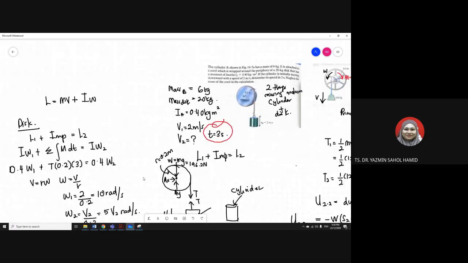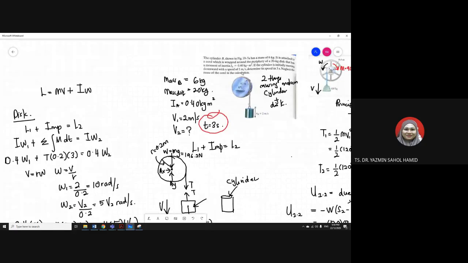Now, since our block is going down, what is the direction of the omega? Clockwise or anti-clockwise? Clockwise. Okay. So you need to draw that. Tadi kita tak draw. Kita need to.